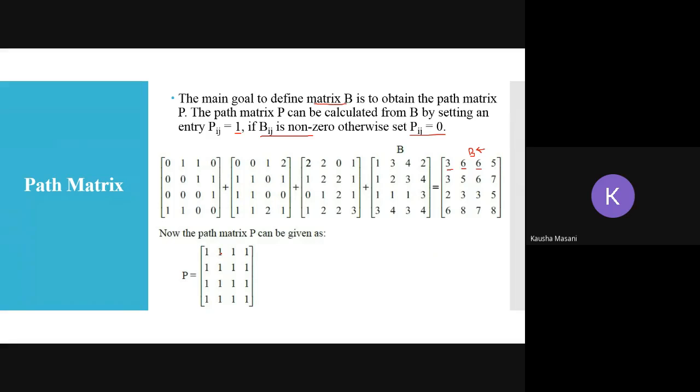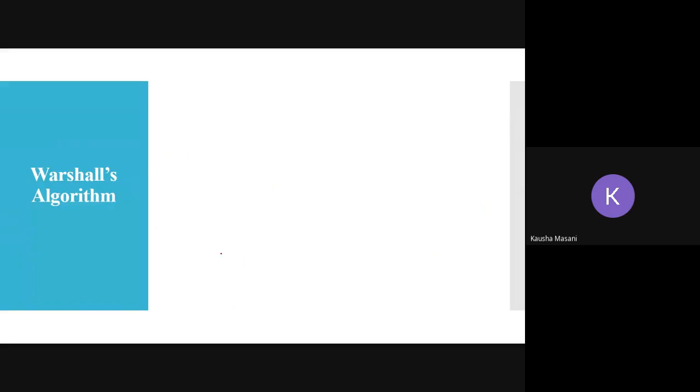So to ease this out, Warshall came up with an algorithm. In this algorithm, we are looking at possible shortest paths from a given vertex via a middle element.